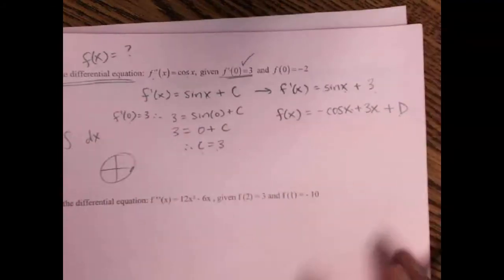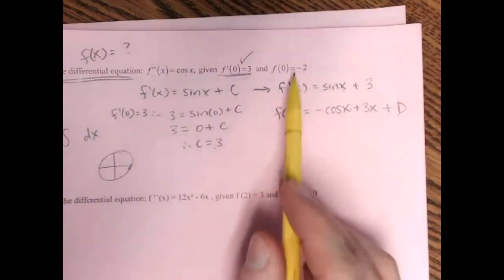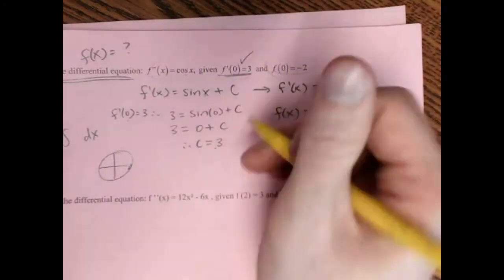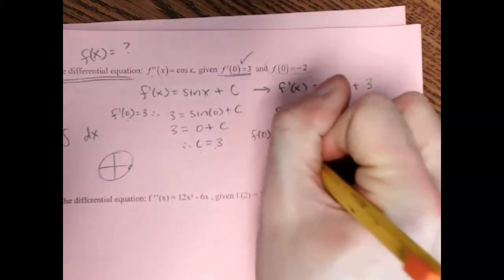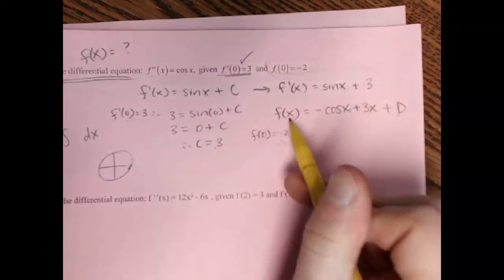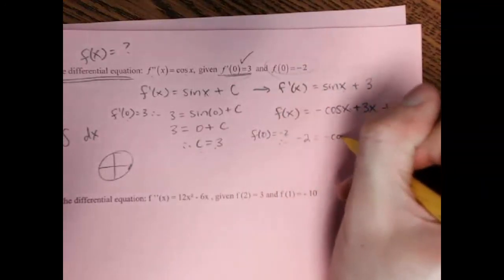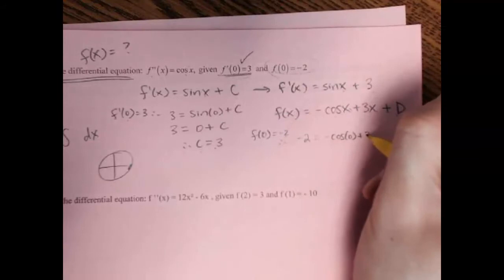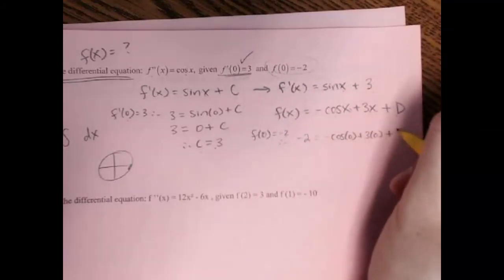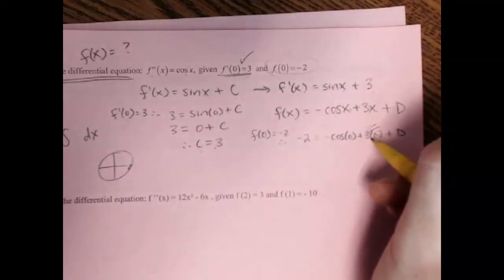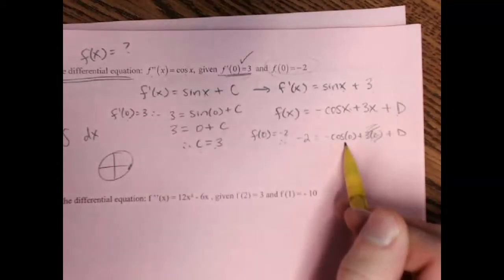Okay, so now I'm up to the f level. Great. I have a piece of information about it, so let's use it. F of 0 equals -2. So I know the y value, set it equal to -2. Cosine of 0 plus 3 times 0 plus d. 3 times 0 is 0. That's lovely. Cosine of 0 is 1. Careful.